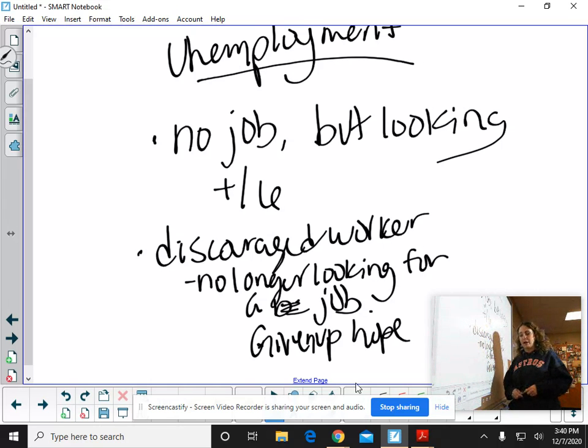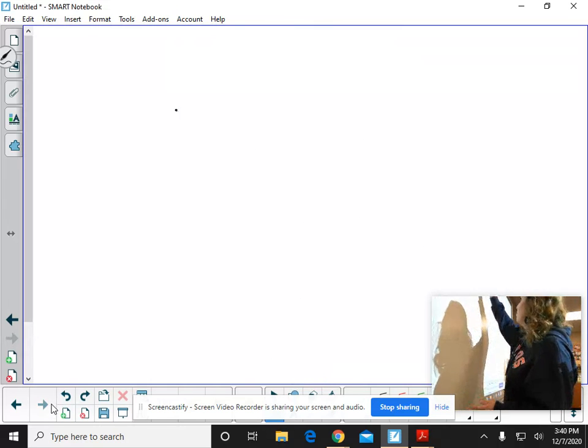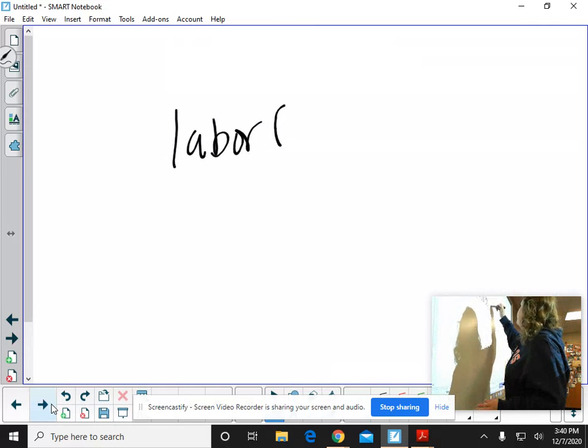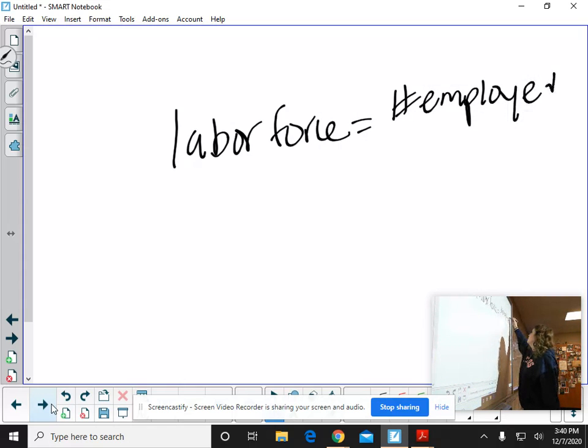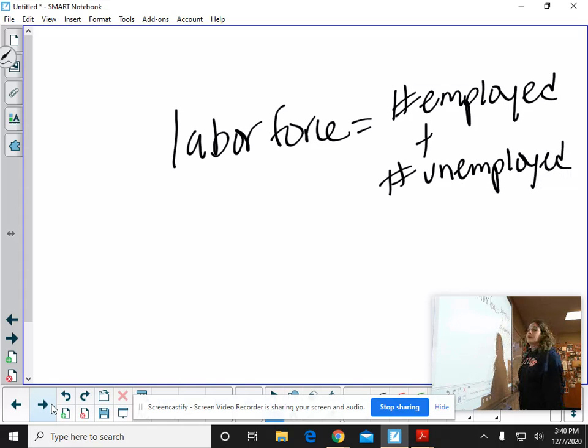And so they no longer count towards the labor force. Because the labor force includes the number of employed plus the number of unemployed. And if you're a discouraged worker, you're not unemployed anymore. You're part of the population, but you're not part of the labor force.